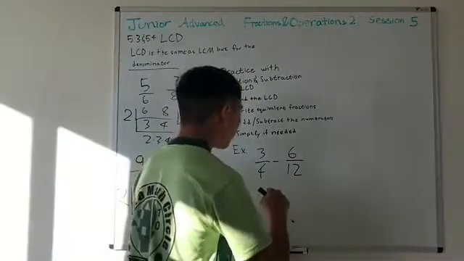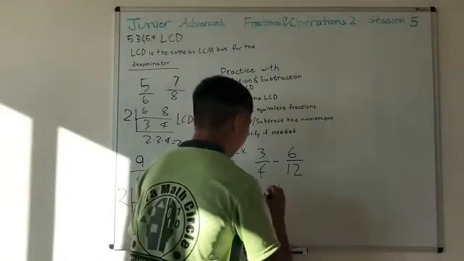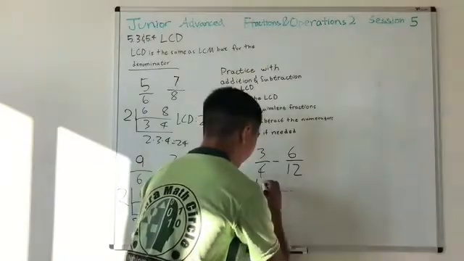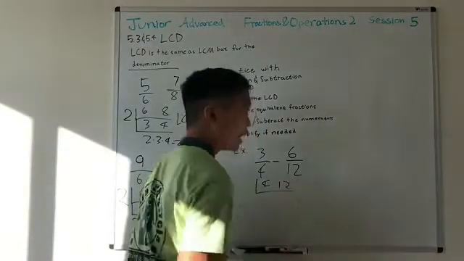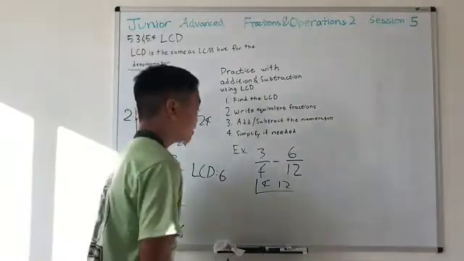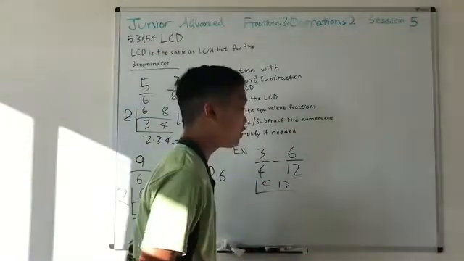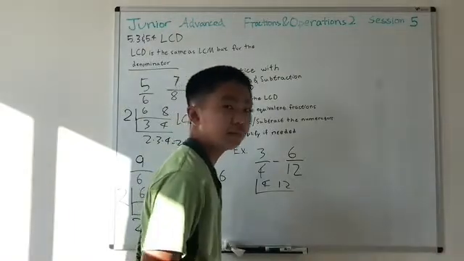So we have 3 over 4 minus 6 over 12. And we can put them into a ladder, and we get 4 and 12. And we need to see what both of these are divisible by. And we quickly see that that is actually 4, because 4 can be divided by 4, obviously, and 12 can also be divided by 4.